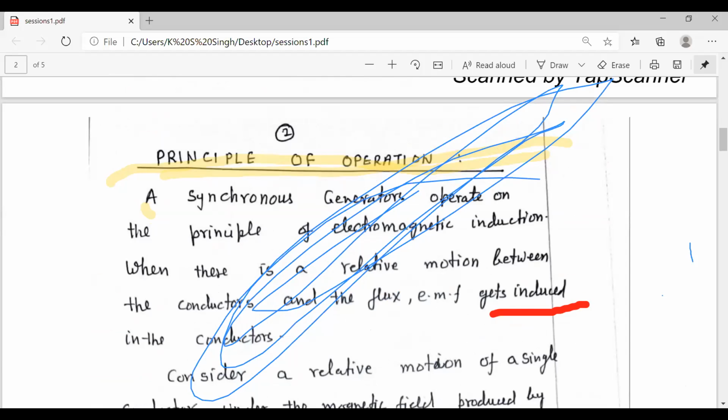When there is a relative motion between the conductor and the flux, EMF gets induced in the conductor. If there is no relative motion, meaning the conductor is stationary and the flux is also stationary, no voltage will be induced in the generator. When there is a relative motion between conductor and flux, then voltage will be induced.